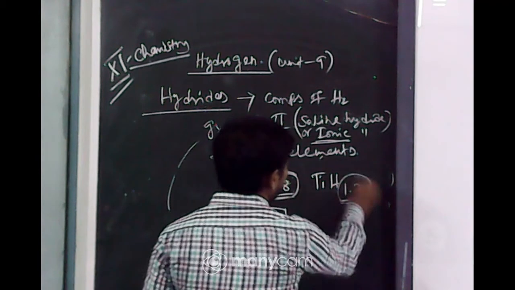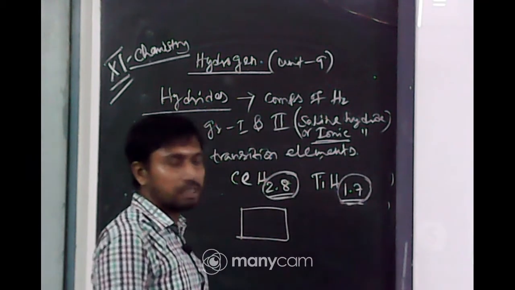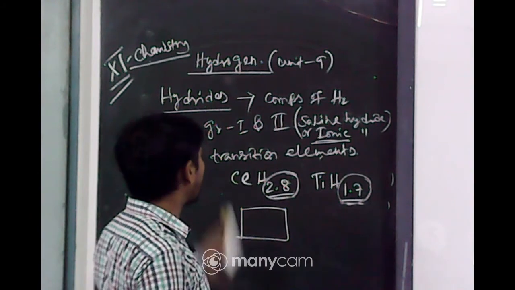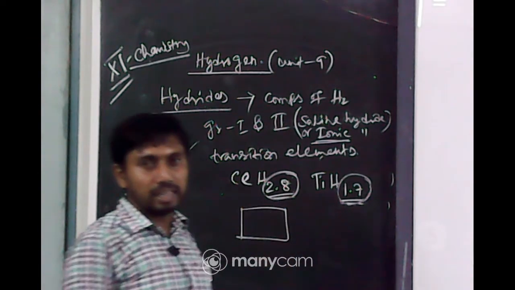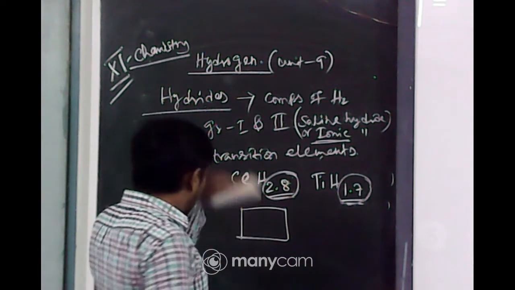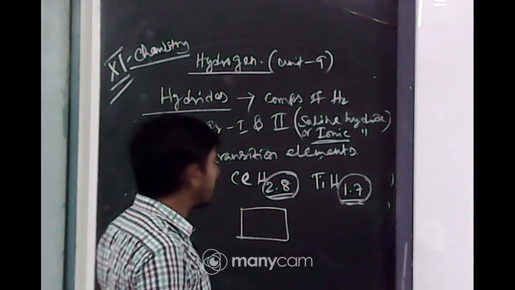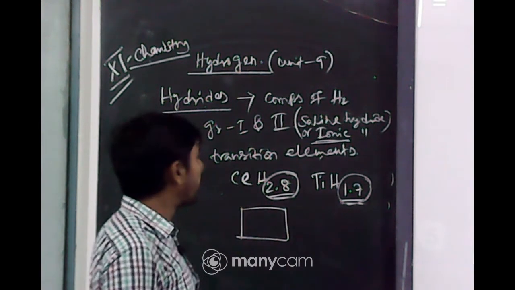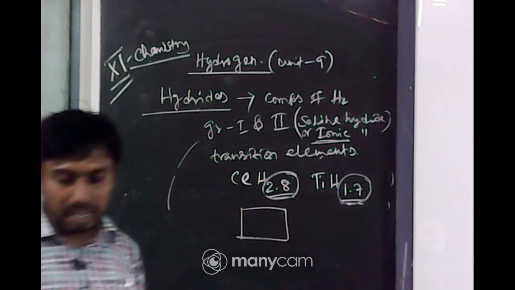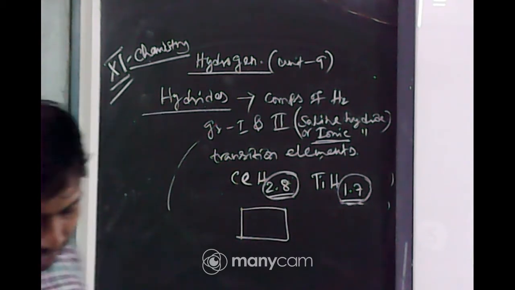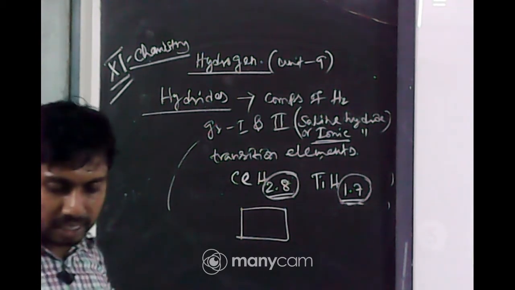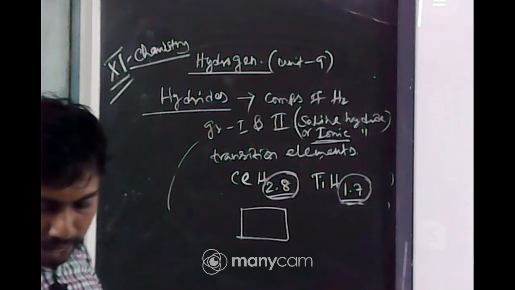As the interstitial space is very small, small atoms like hydrogen can enter it, and examples of that are cesium, titanium, nickel, palladium. These also form such types of hydrides.